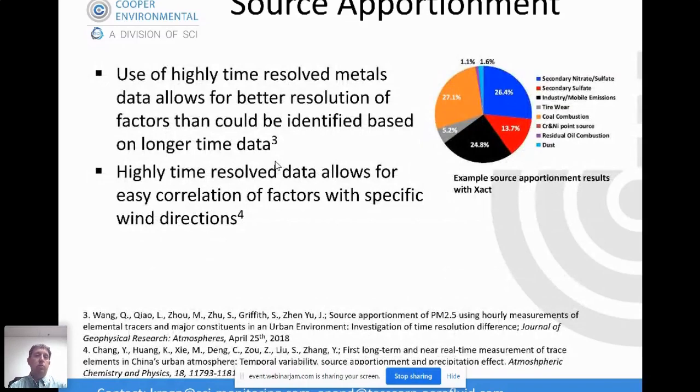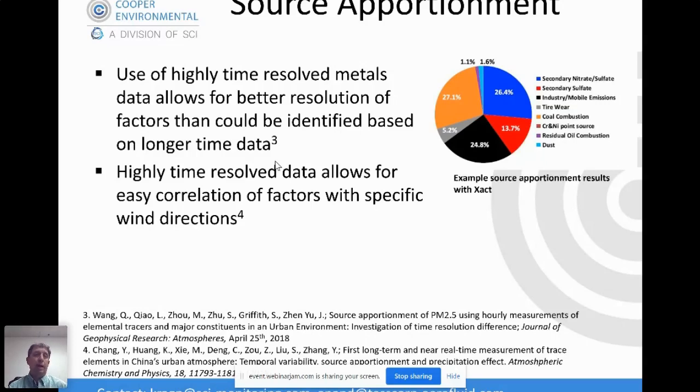You're also able to use highly time-resolved metals data for better resolution of factors than could be identified based on longer time data. There was a study done by a university in Hong Kong that showed this. They were able to identify 8 factors rather than 4 or 5 factors based on the Xact data and the high time resolution data.